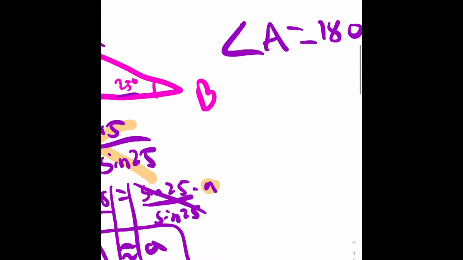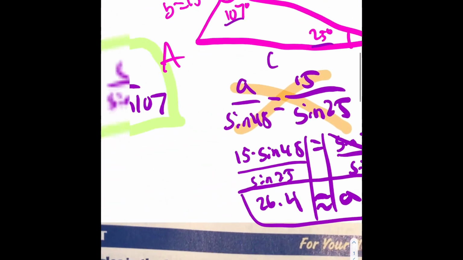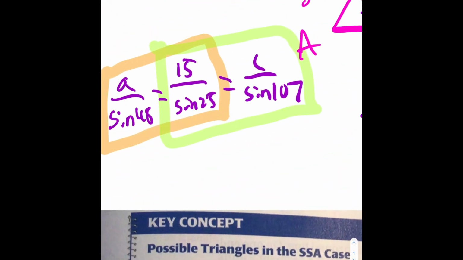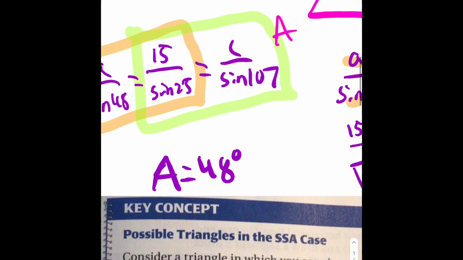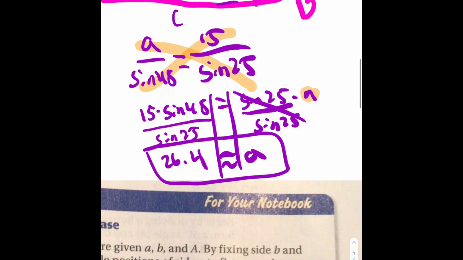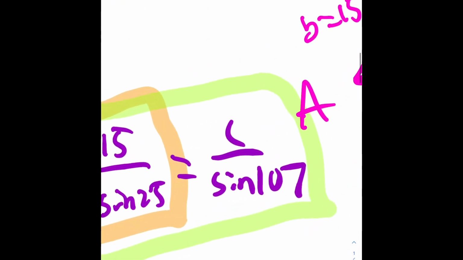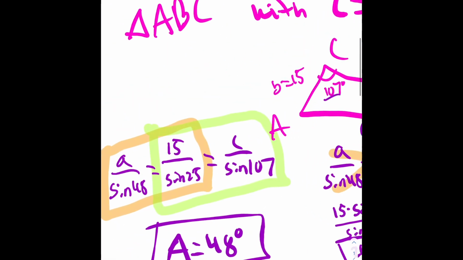So that's part of my answer. I already found angle A, so A is equal to 48 degrees. That's one third of my answer. Side A is approximately 26.4.